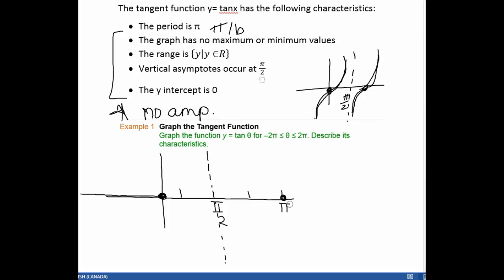Okay. And then all you do is I kind of make a movement here at 1 over, 1 and 1, and 1 and 1, just to keep my shape.